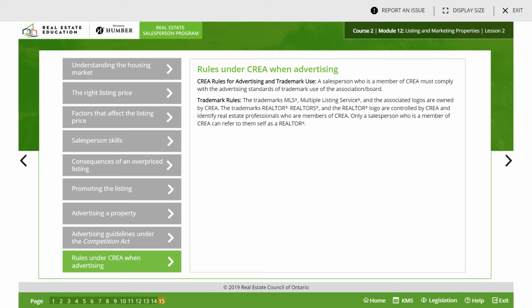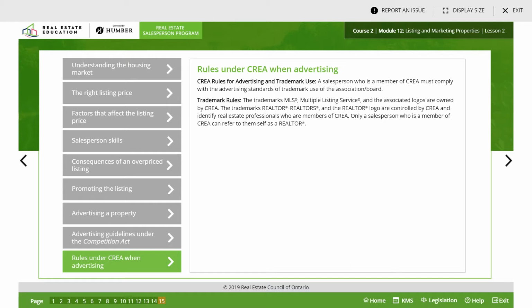Rules under CREA when advertising. A salesperson who is a member of CREA must comply with the advertising standards of trademark use of the association or board.